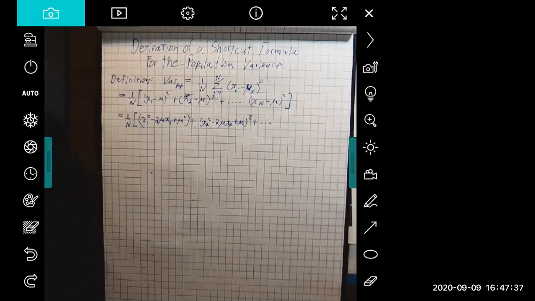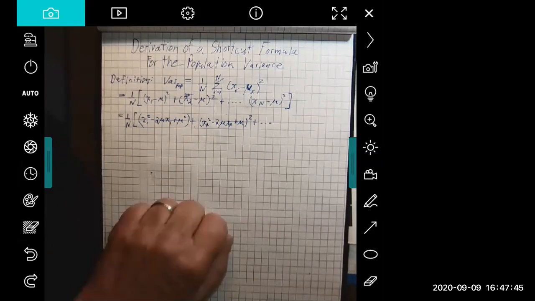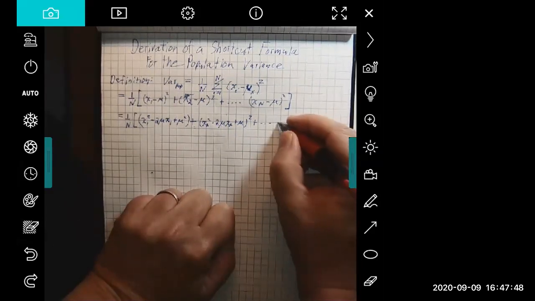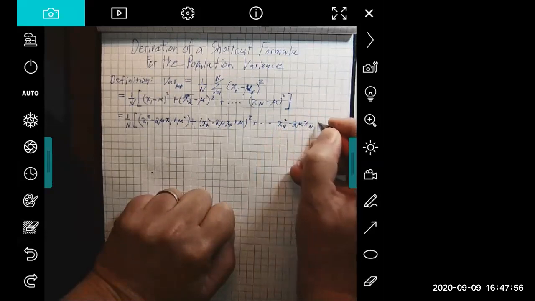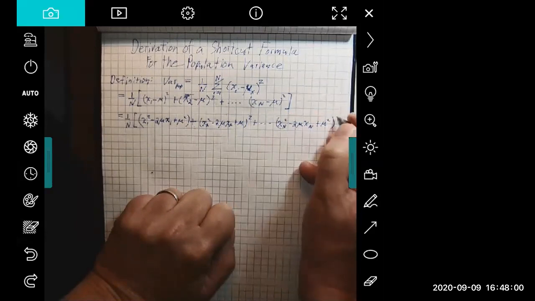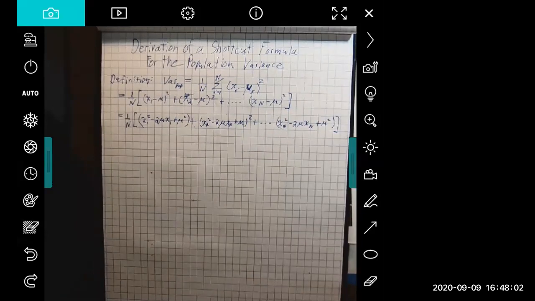And then we continue with all the terms until we get to the nth term, where capital N is the population size. And so we get that expression.